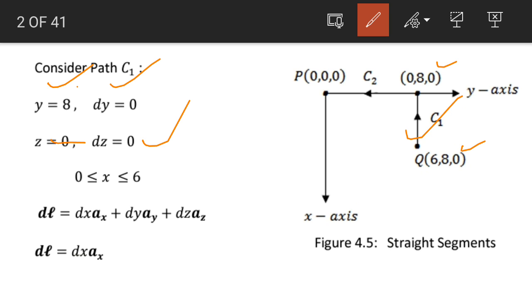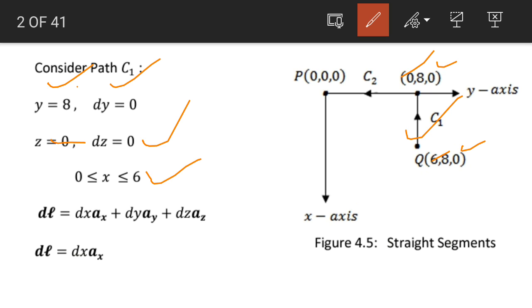And x is changing from 6 to 0. So only x is changing, y is constant, and z is constant along this straight segment C1.